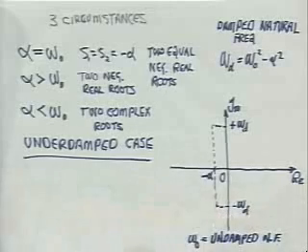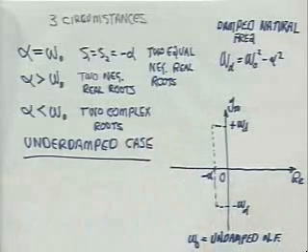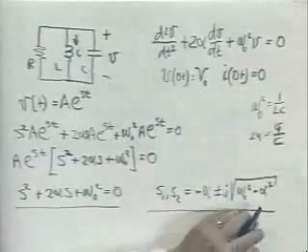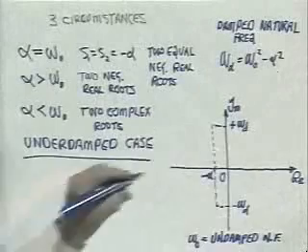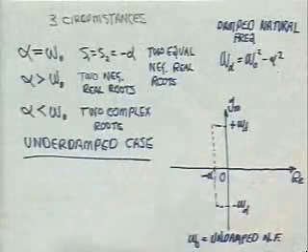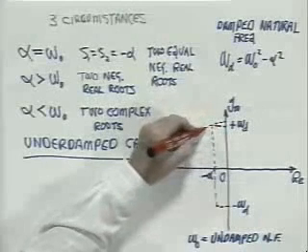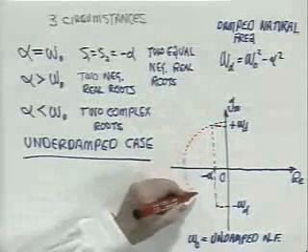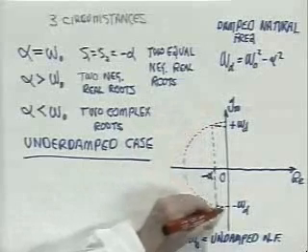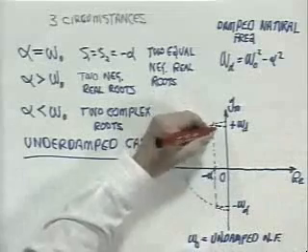It is the natural frequency when alpha goes to 0. It turns out that this relationship has a locus for the roots in the complex plane, which is a half circle centered on the origin, which looks like this. These are the two roots.